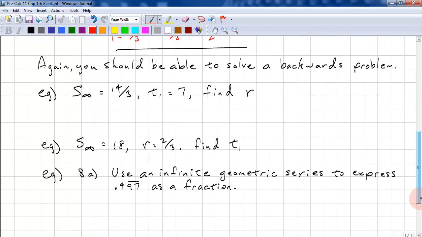And again, we need to be able to solve a backwards problem. We're given the sum of the infinite series is 14 over 3. Term 1 is 7, find r. So S infinity equals T1 over 1 minus r.